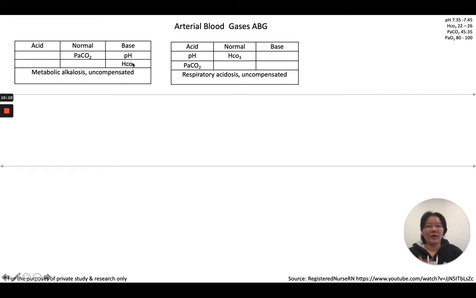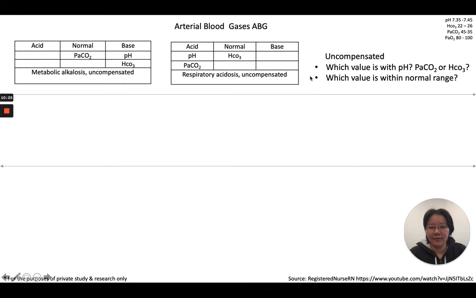Even if you don't really understand, what you can do is, as long as PaCO2 or HCO3 is in the middle, then that's uncompensated. That's how I remember. So two questions to think about. Which value is with pH, PaCO2 or HCO3? If it's PaCO2, it's respiratory.